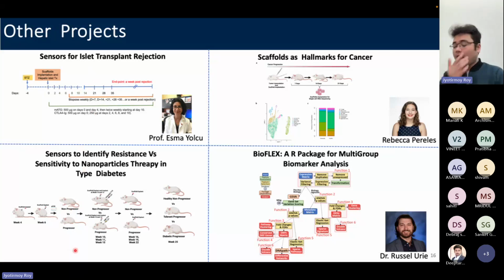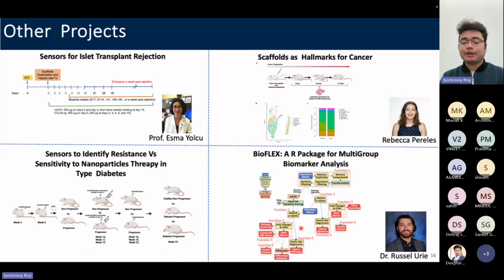And we are trying to identify which mice are going to respond versus the ones which are not going to respond. And can we change the dosing of these nanoparticles to make a better response in mice which are resistant to the therapy?